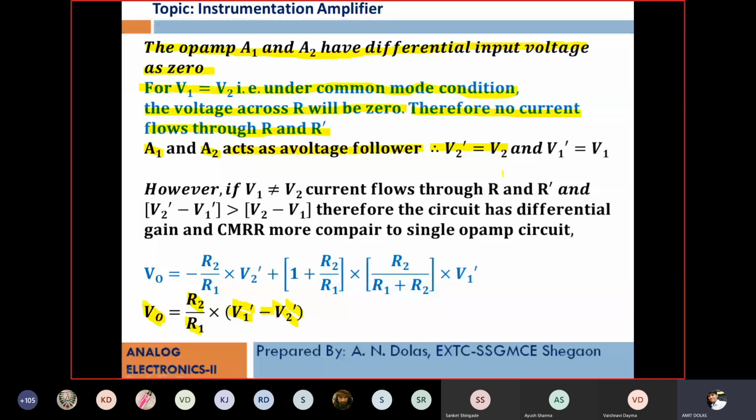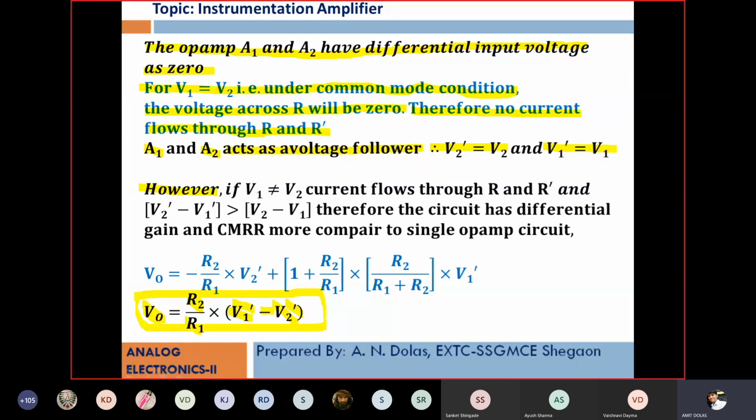However, अगर ये है तो क्या हो रहा है? If we put values here, क्या है last formula? V0 is equal to V1 dash minus V2 dash, and V1 dash and V2 dash भी same हैं. So V1 dash minus V2 dash becomes 0. Multiply by any value of gain, it might be infinite, maybe some finite value, it will be equal to 0.